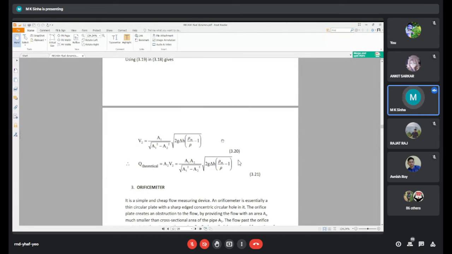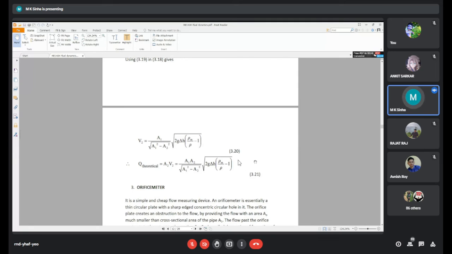So from the equation, that is the discharge velocity. A1 and A2 are the cross-section areas at point 1, in the converging section, and at the throat. Both are known. The converging cross-section area is nothing but the cross-section area of the pipe in which we want to find the discharge.